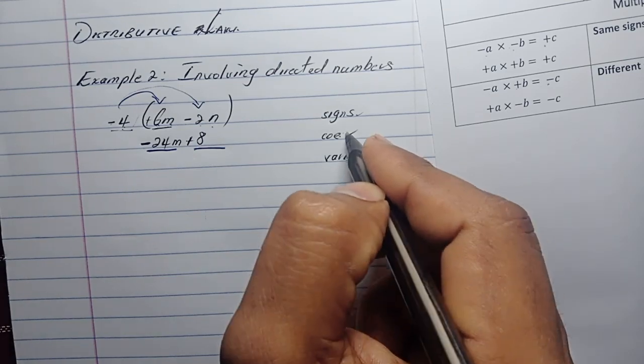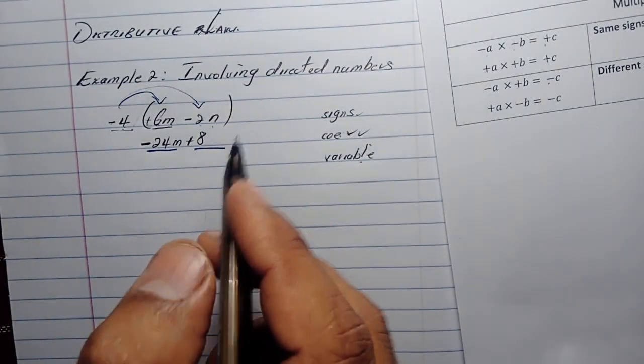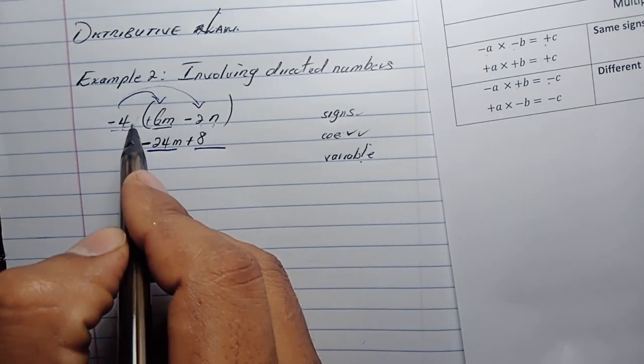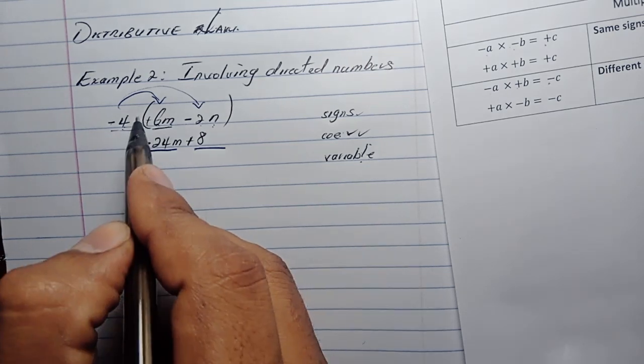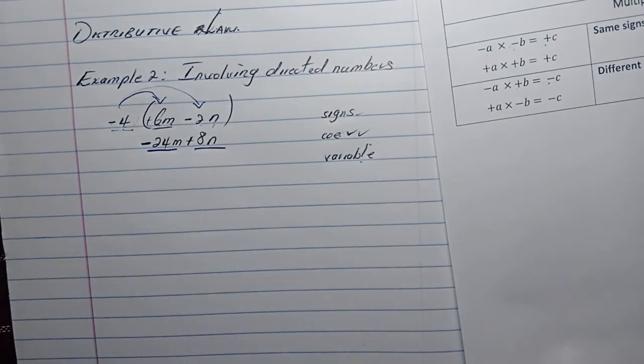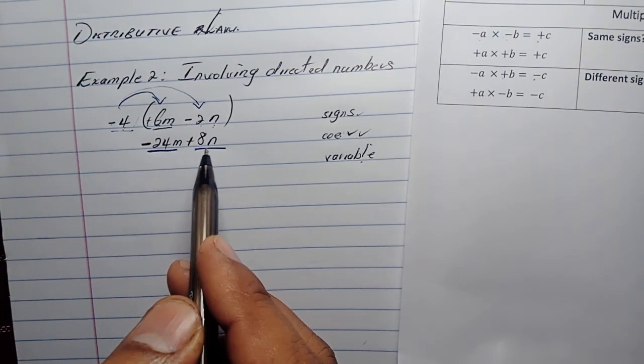All right, that's our coefficient. Put another tick again, you can see that. We have n here, but there's nothing here. Again, you can imagine that there's a 1 here. So 1 times n gives you n. So this is our answer right here.